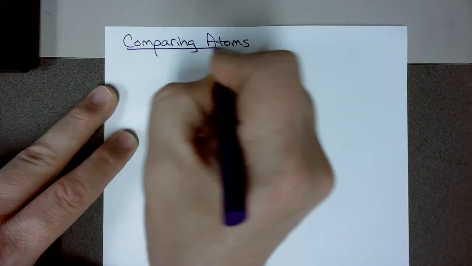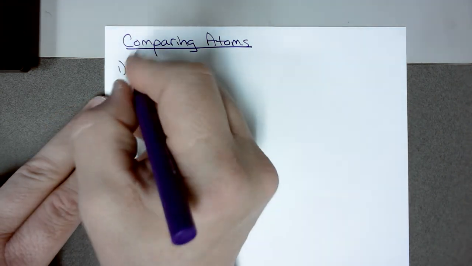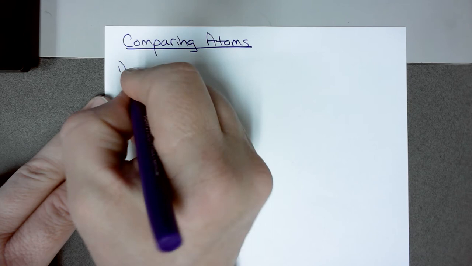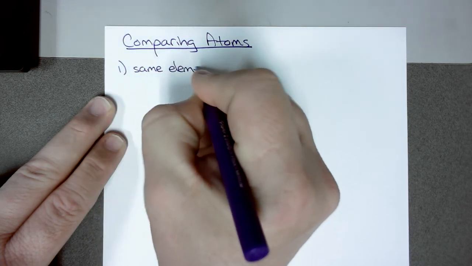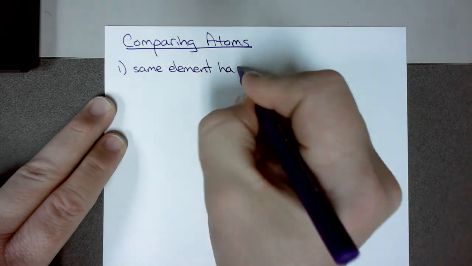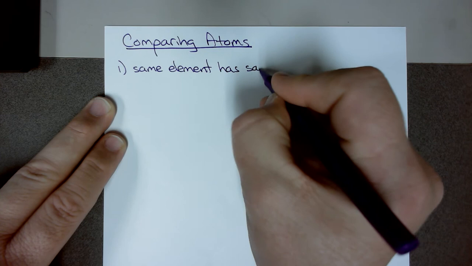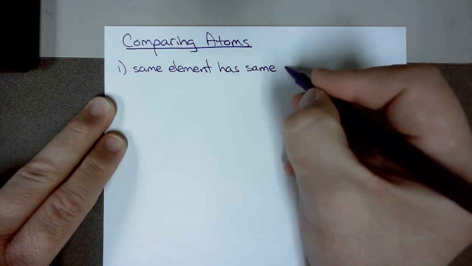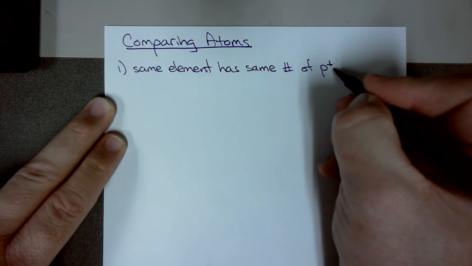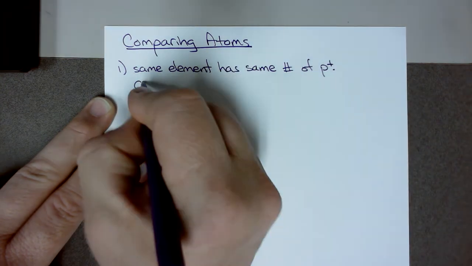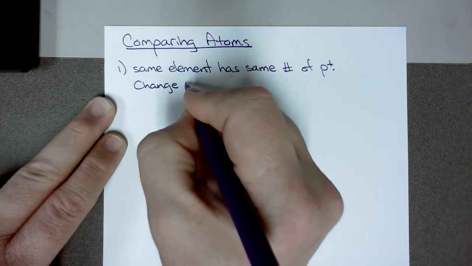Okay, so let's look at the first subatomic particle. 1. Protons. The same element has the same number of protons. It's the protons that identify the element. So if they identify the element, if I change the number of protons, you change the element.